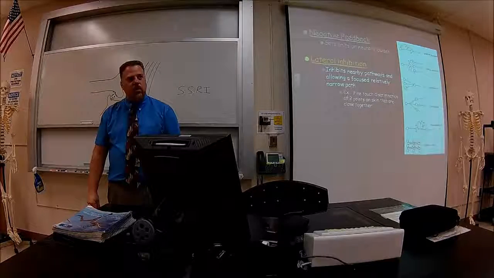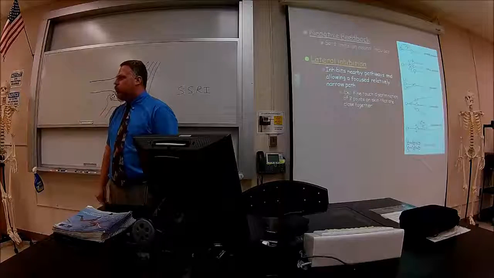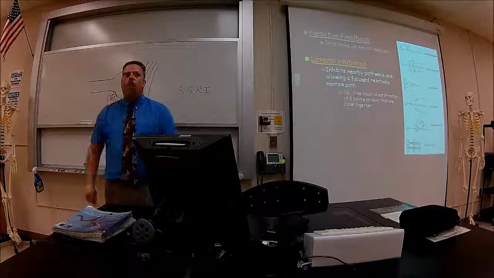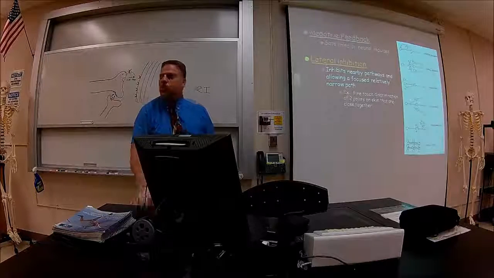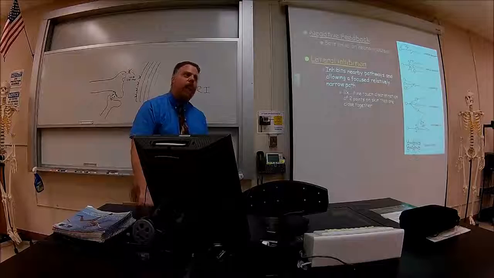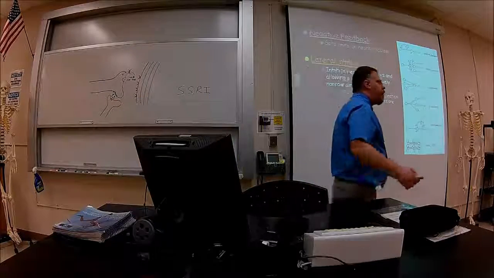Does that make sense? You can't. You could just feel pressure there, but you can't tell 2-point discrimination. But if I put these 2 things on my lip, a little bit more sensitive, I could feel the difference there. So that's what we call 2-point discrimination.